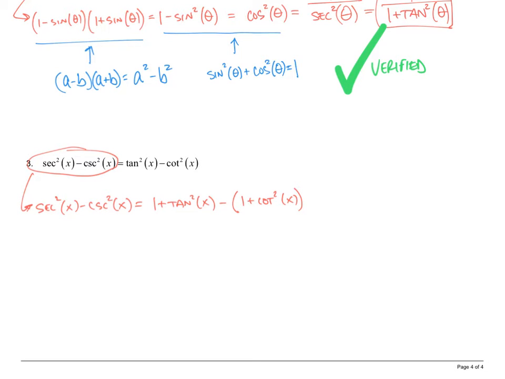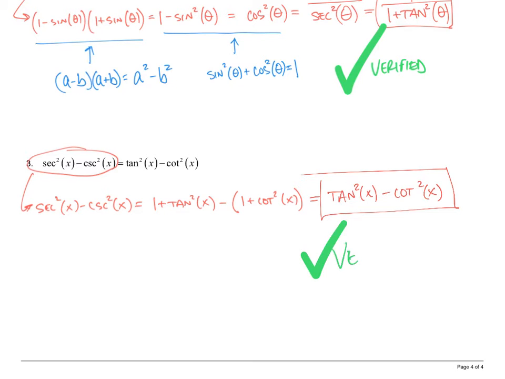I'm just going to distribute the negative and simplify. I'm going to have 1 plus tan squared minus 1 minus cotan squared. So the ones will cancel, and I'm left with tan squared of x minus cotan squared of x. And folks, you guessed it. That bad boy's verified.